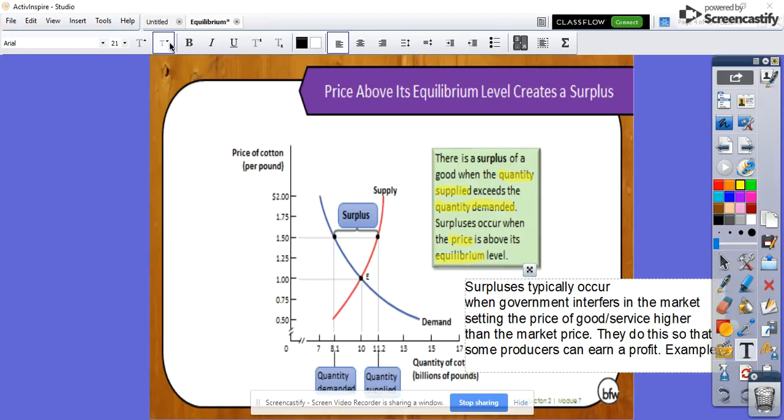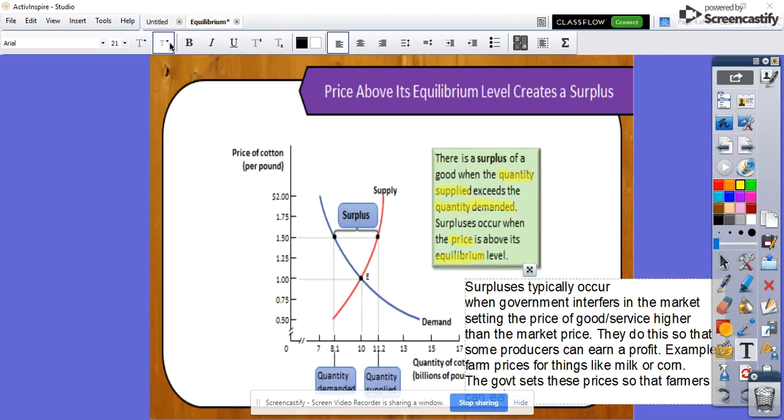Examples include farm prices for things like milk or corn. The government sets these prices so that farmers can earn a profit off their crops.